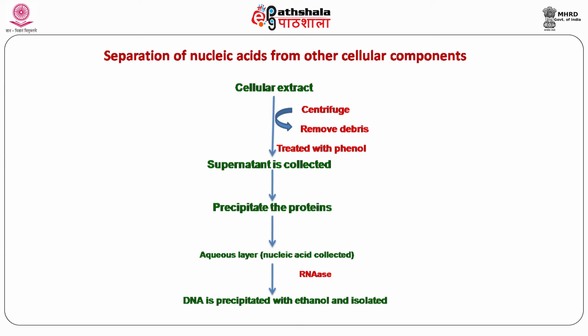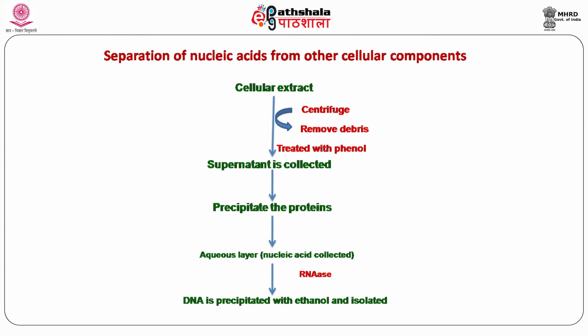This results in the formation of an aqueous layer, which is very important to us, which contains the nucleic acids. Now, you apply RNase to remove the RNA, thereby precipitating the DNA with ethanol and isolating the DNA. Fine, you got the DNA.